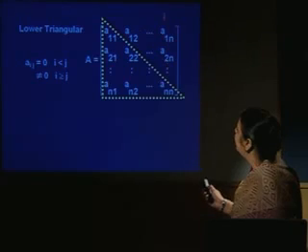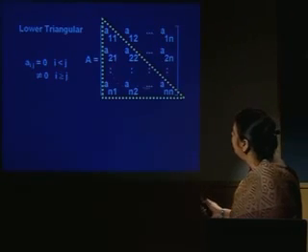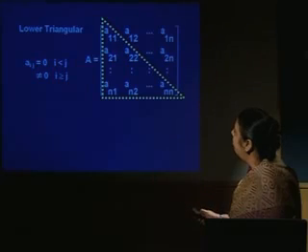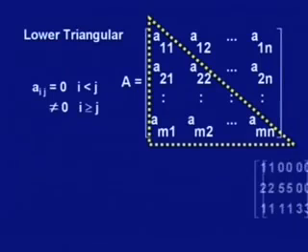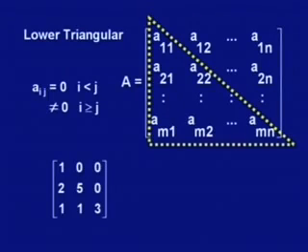So all these elements have to be 0 for a lower triangular matrix, but for the elements which are inside, i is either equal to j for the diagonal or i is greater than j, and these elements are non-zero. For example, we have this lower triangular matrix. Here all these elements are 0 and non-zero elements appear in the lower triangle.